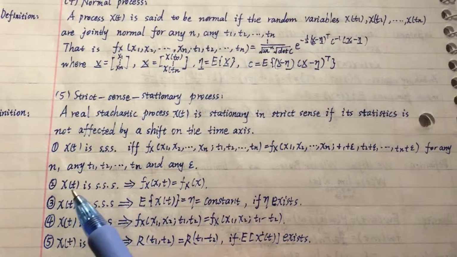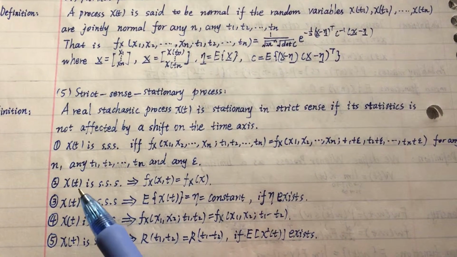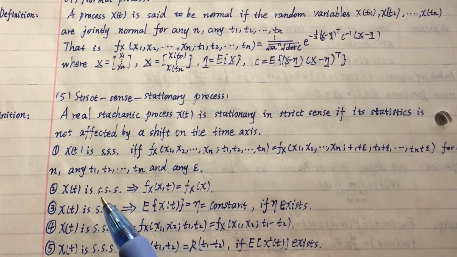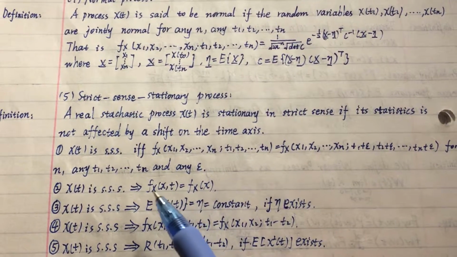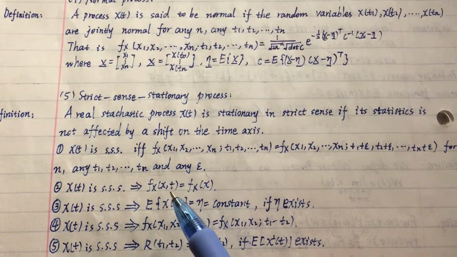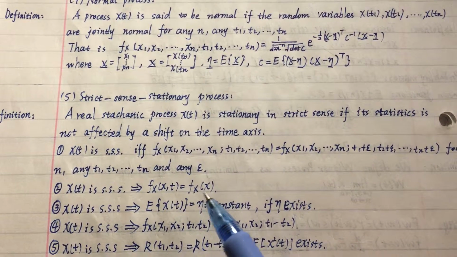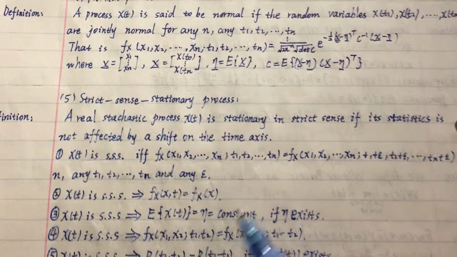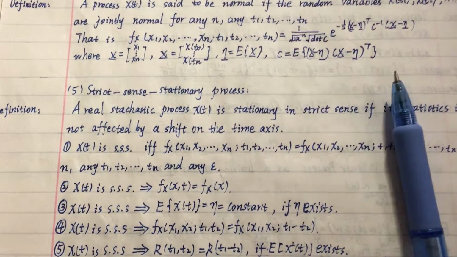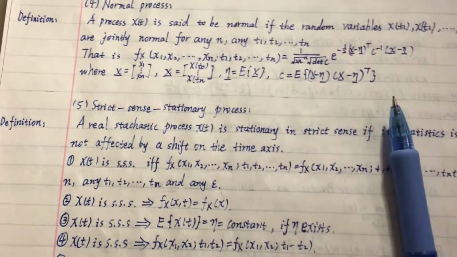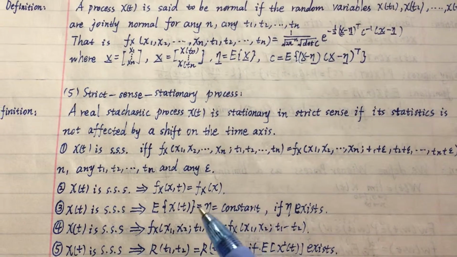And the second method is if the density function of x(t) equals the density function of x, then x(t) is strict sense stationary process.